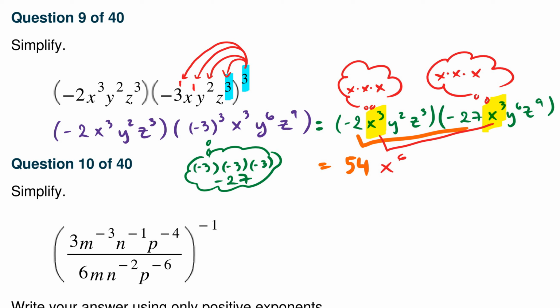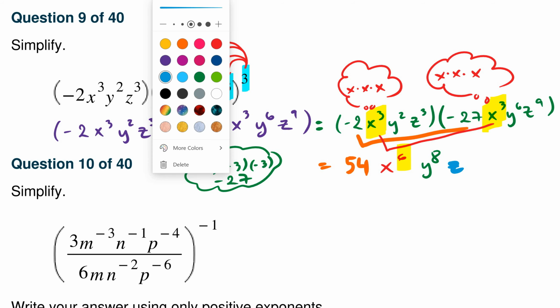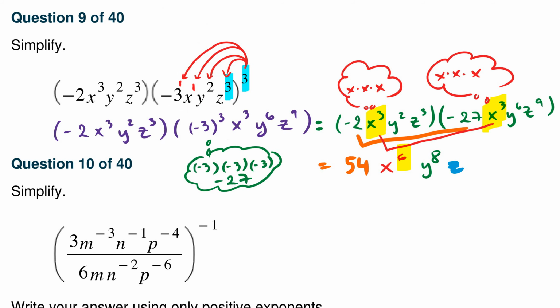That's why it is x to the 6th power. Then we go to y squared times y to the 6, so you add the powers. 2 plus 6 is 8. And z to the third power times z to the 9. So you add the powers, that will give you z to the 12.